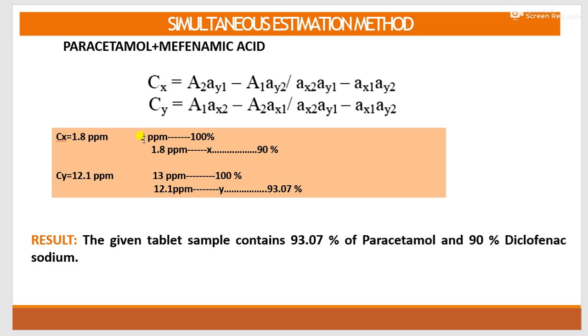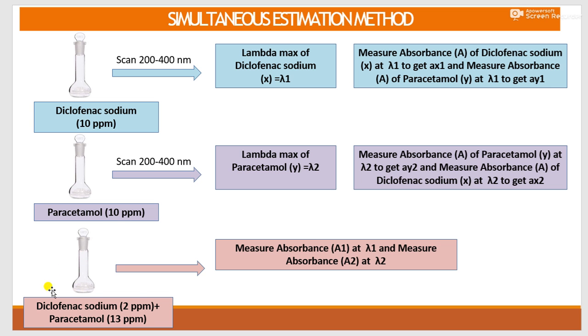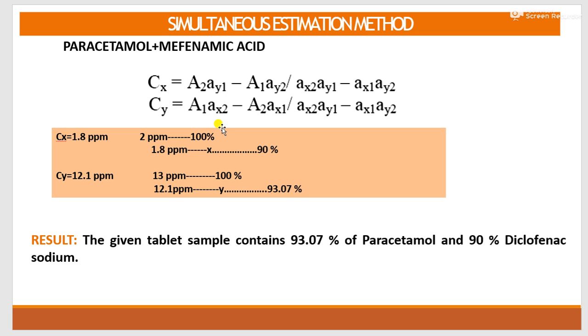So how will you find out percentage purity? 2 ppm was our theoretical value, because in this sample solution the diclofenac concentration was 2 ppm, and paracetamol was 13 ppm. So 2 ppm is 100%.